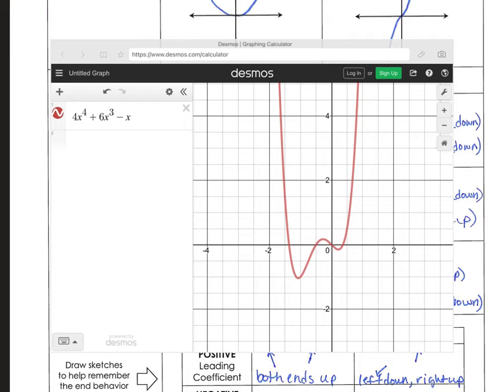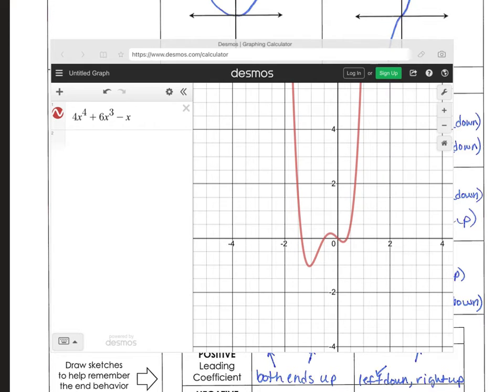So let me build that up a little bit. Here's what you can see. Here's the graph of this function. And if I zoom out, all that's happening is that it's getting bigger. But you can see that this thing is crazy, right? What we're looking at, though, is the end behavior. Where are these ends pointing? If I draw little arrows at the ends, this is the right, and this over here is the left.